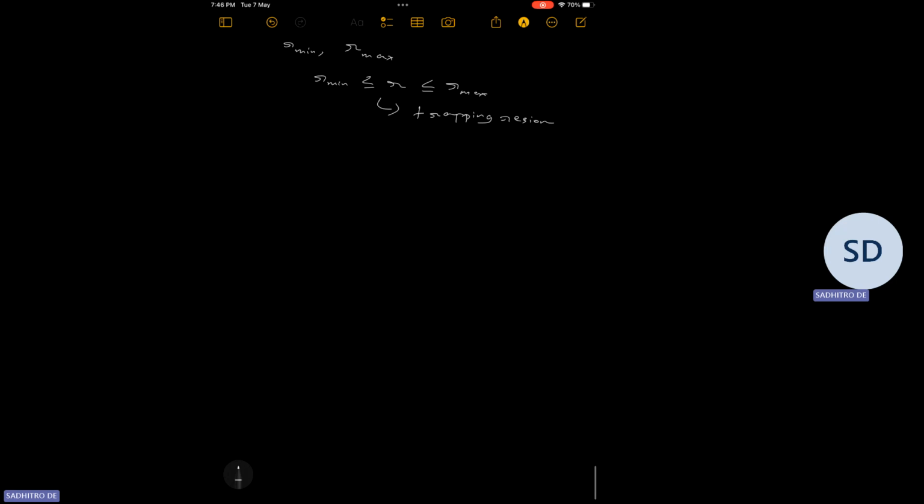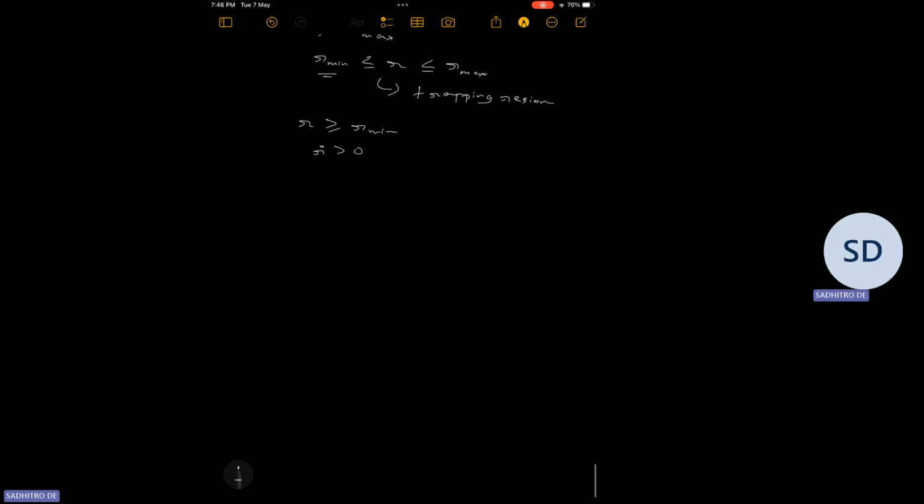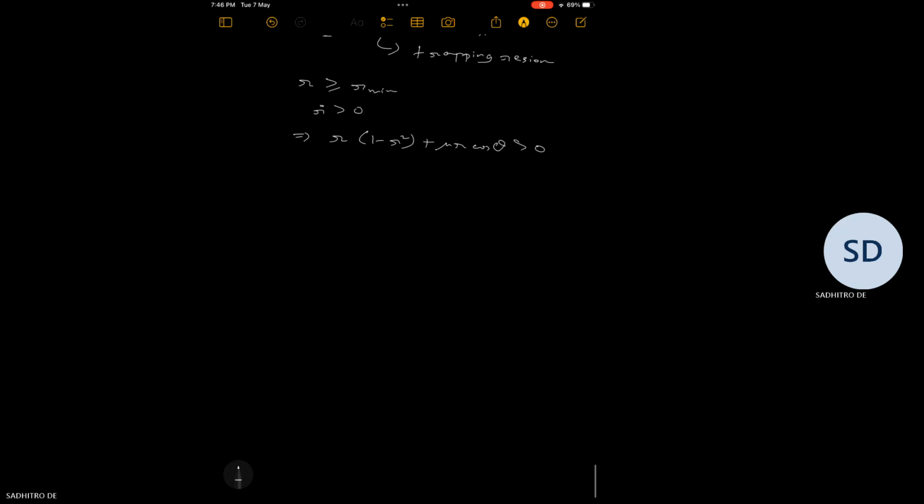So to find the lower bound, we require that r is greater than or equal to r min, and over here, r dot should be greater than 0. So r dot greater than 0 basically implies that the flow is outwards at the boundary. So this means that 1 minus r squared plus mu r cos theta is greater than 0.